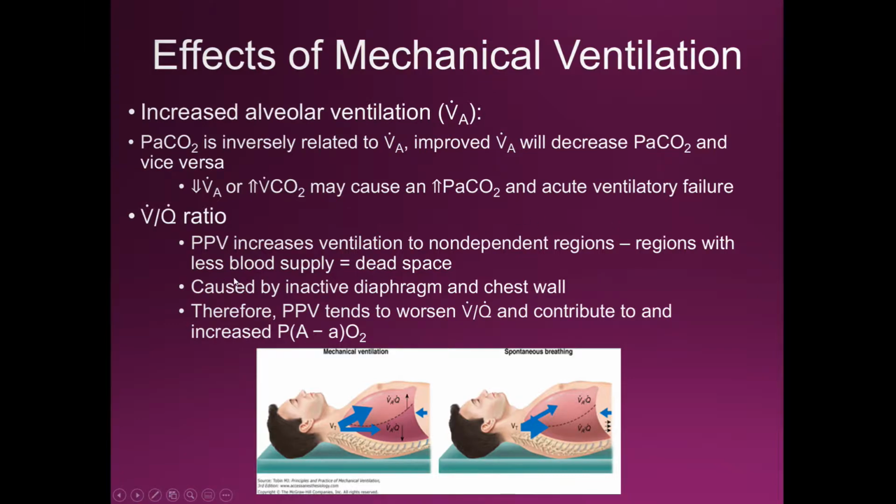Sometimes if it goes to a region of less blood supply, it's going to create a lot of dead space. If you have a lot more dead space versus blood supply, then you will have a high VQ ratio. This is caused by the inactive diaphragm and chest wall, which is why the pressures go all over the place. They might go to dependent regions or non-dependent regions. Therefore, positive pressure ventilation tends to worsen VQ and contribute to an increased PaAO2 value.